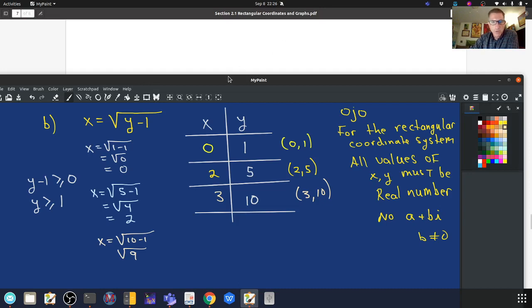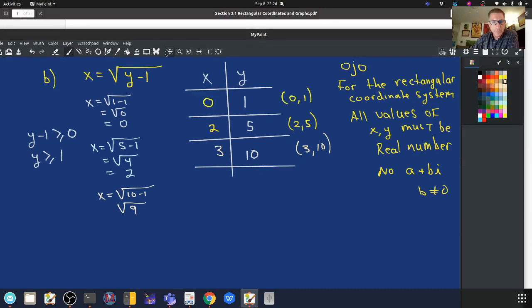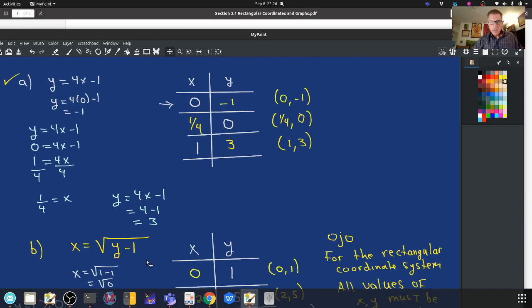So my first one, okay, it's working now. So my first is 0 and minus 1, 1 and 3. I probably have them on my next page. I actually have several more. And then that was y is equal to 4x minus 1.